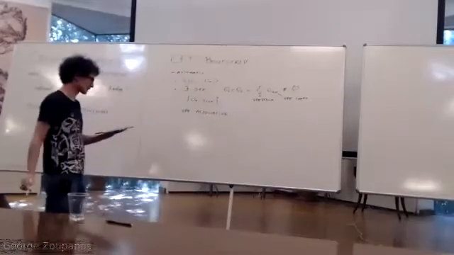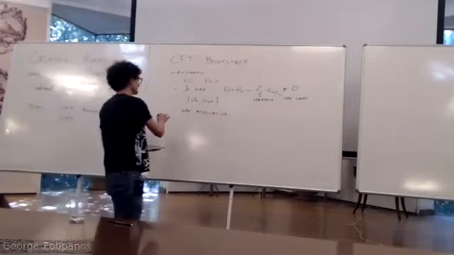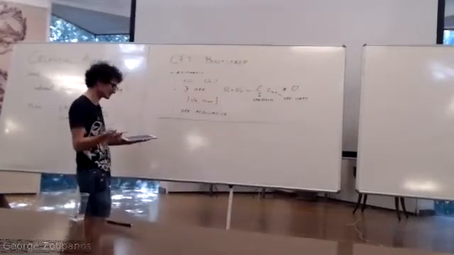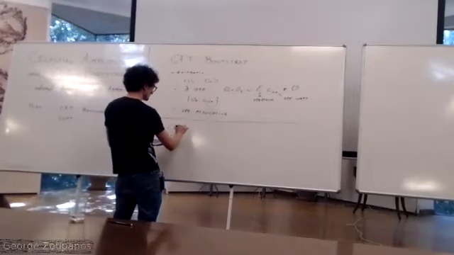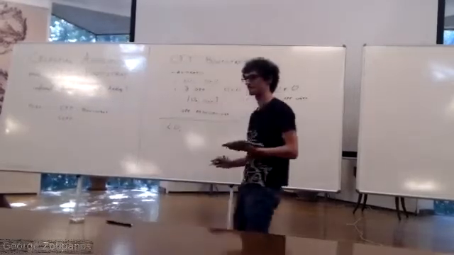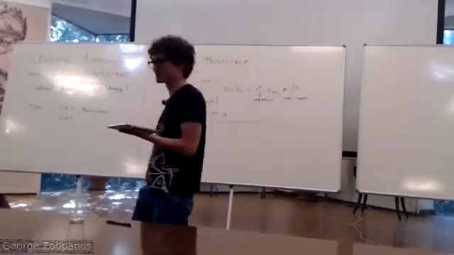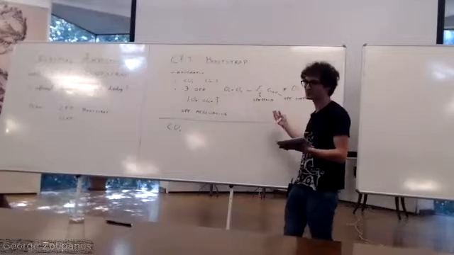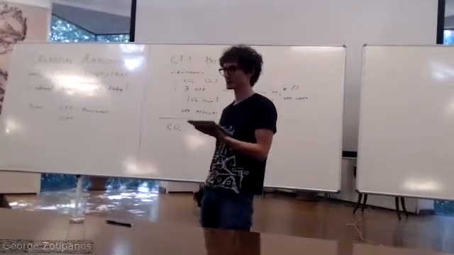When you have this, then you can write the famous CFT bootstrap, which is just a crossing condition. Primaries. Yeah, you can actually just look at primaries. It's much easier.